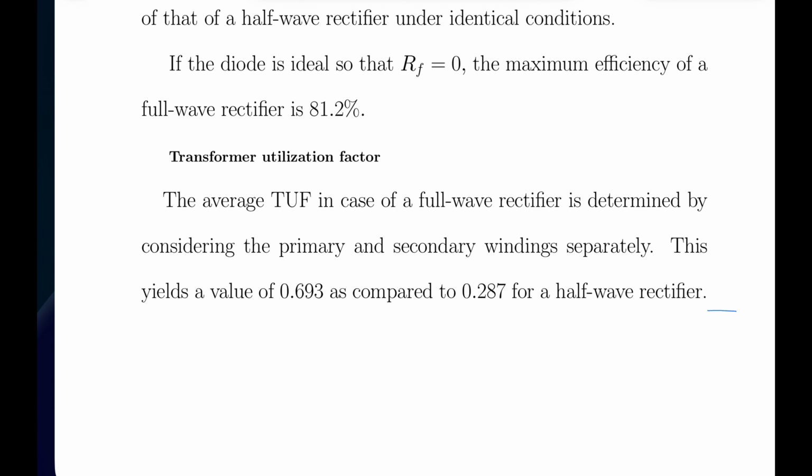Next comes the transformer utilization factor. The average transformer utilization factor in case of a full wave rectifier is determined by considering the primary and secondary windings separately. This yields a value of 0.693 as compared to 0.287 for a half wave rectifier.